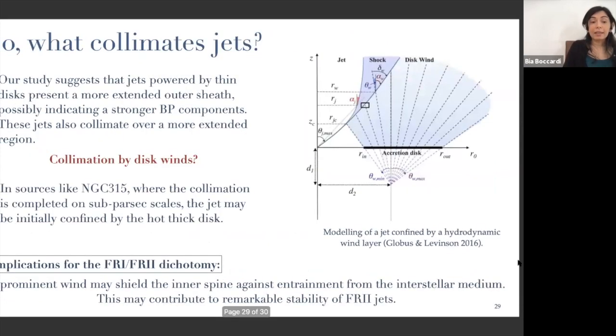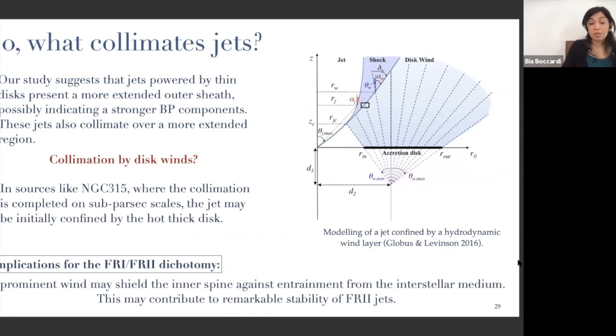So in the end, what is it that collimates jets? We still don't know, but what we have shown with this work is that sources which are powered by a thin disk present more extended outer sheets, and they also collimate over a more extended region.